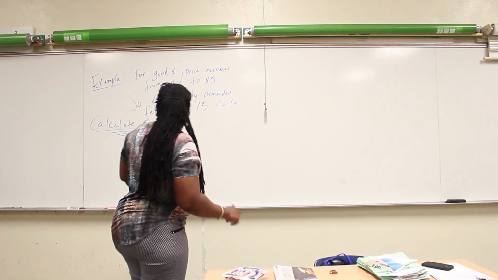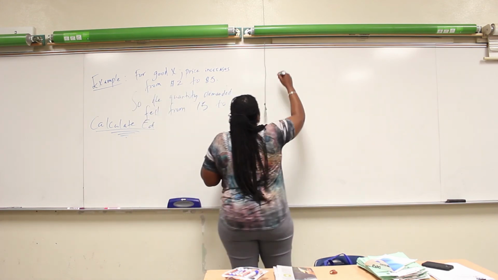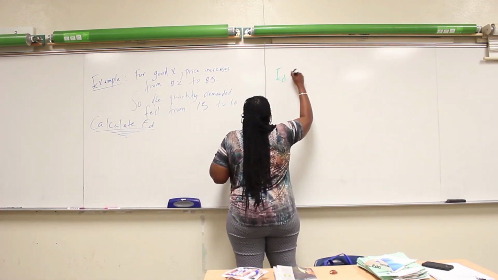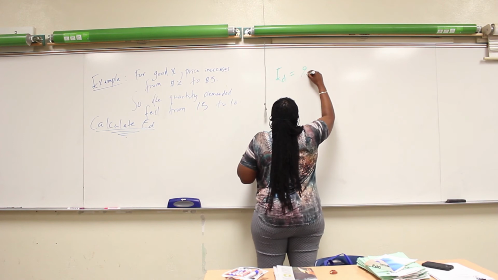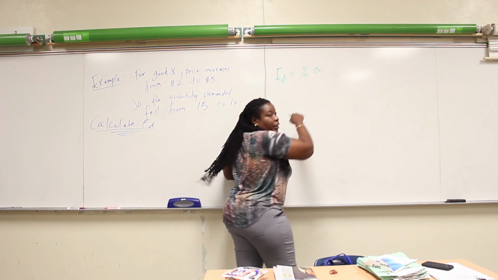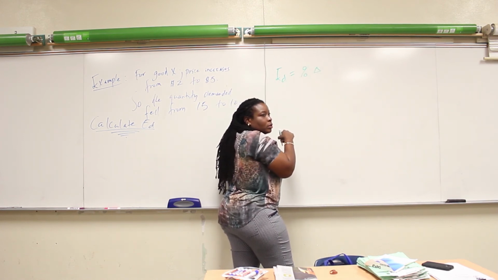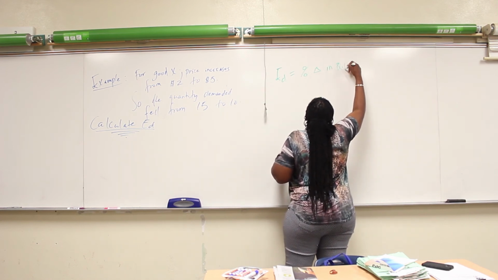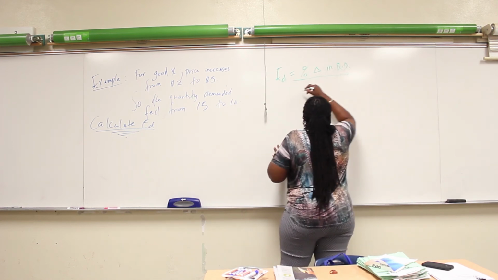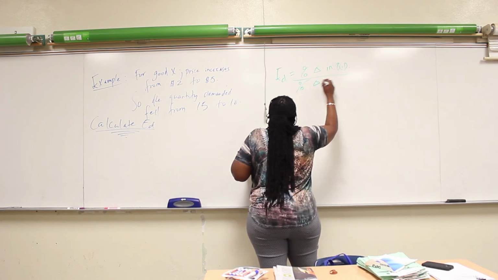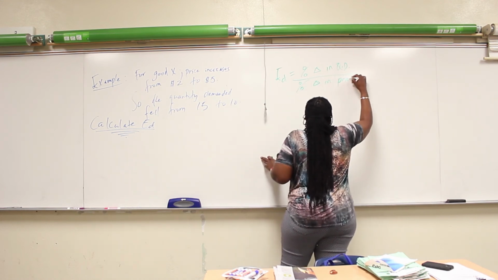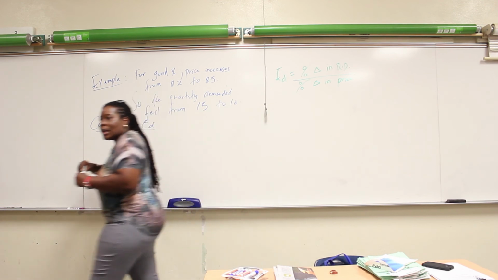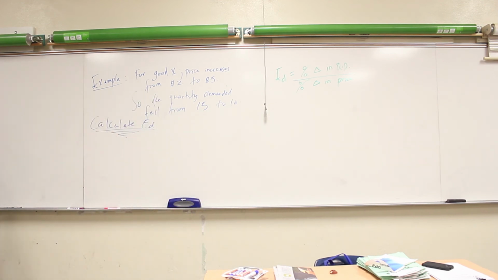So if I want E of D, I know E of D is equal to the percentage change. Get used to this little triangle. We use it a lot in this course. It's delta, it means change. Percentage change in quantity demanded, we're going to divide that by the percentage change in price. That's my formula. I like to write my formula down. It minimizes my chances of errors.